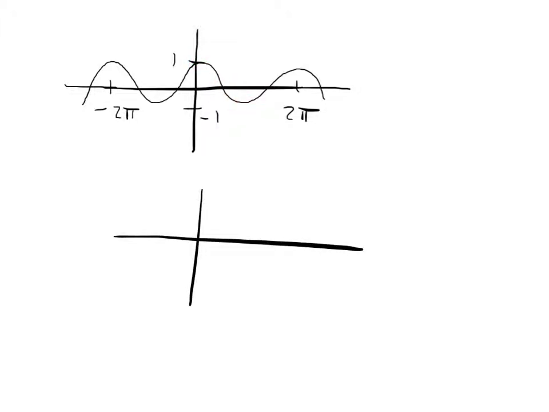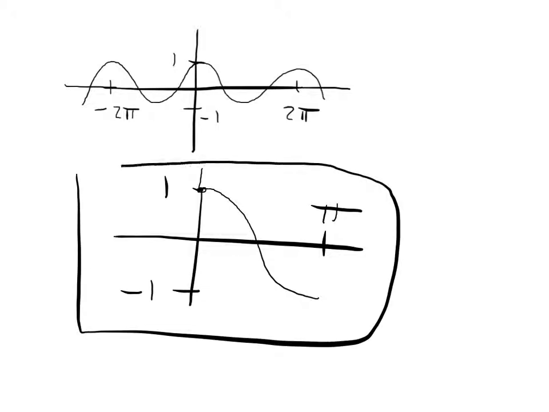So if we restrict the domain of the cosine function from 0 to pi, I'm getting all values from -1 to 1. So that function right here, a subset, if you will, of the cosine function, that function with a restricted domain will have an inverse. It's one-to-one.